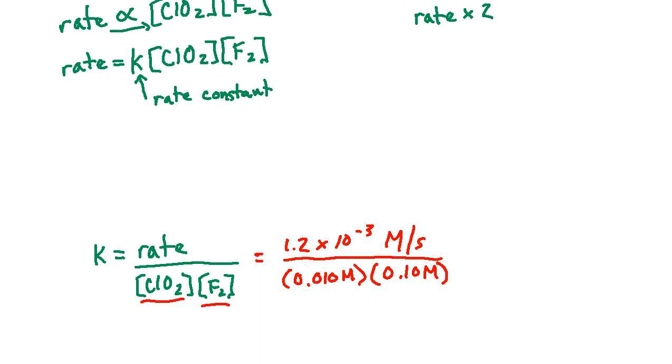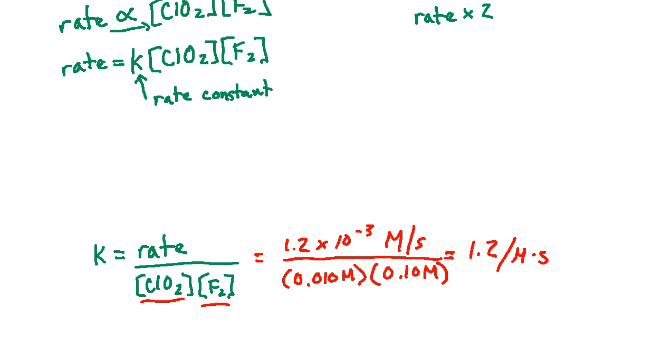Now this turns out to be the unit for a second order reaction, and we're about to talk about orders in a minute. You may get a different unit if you only had one molarity down here instead of two, right? So then it would just be per second. So if I solve for this, it turns out that the rate constant is going to be equal to 1.2 per molarity second.